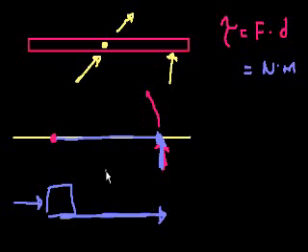In the situation of torque, the distance vector, this is the distance from the fulcrum or the pivot point or the center of mass to where I'm applying the force. This distance vector is perpendicular to the force that's being applied. So torque and work are fundamentally two different things, even though their units are the same.